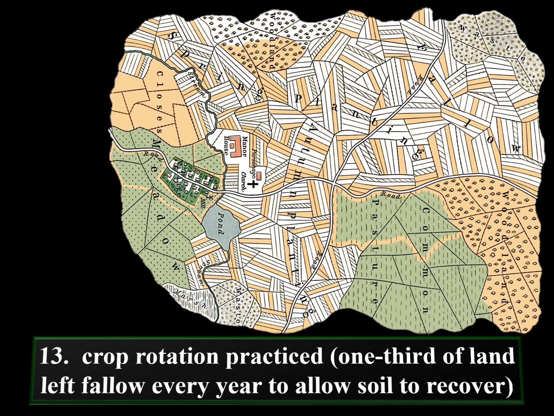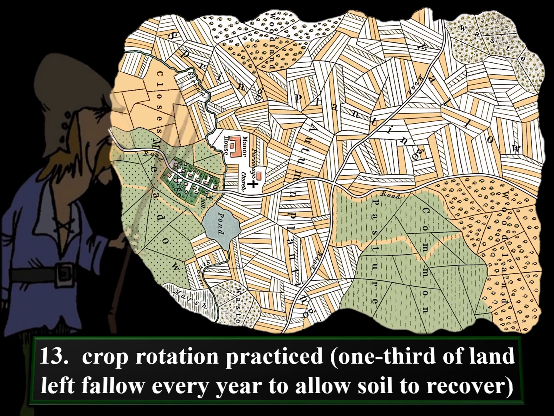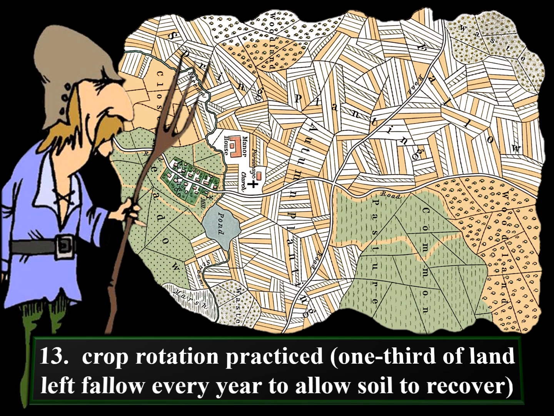Crop rotation was practiced. 1/3 of the land would lie fallow every year to allow the soil to recover. Now, what fallow means is basically 1/3 of the land would be left empty on any given year. And then the next year, something would be planted on it, and another piece of 1/3 of the land would be lying fallow.